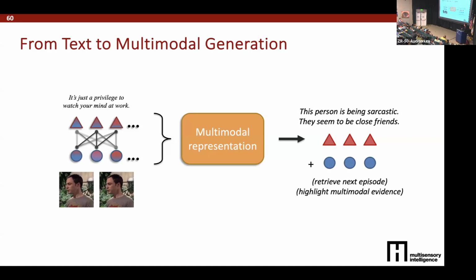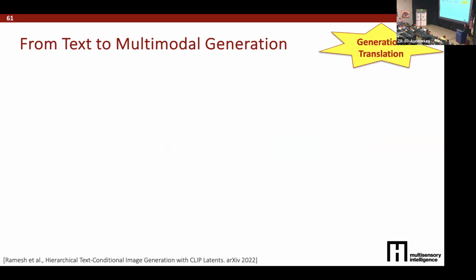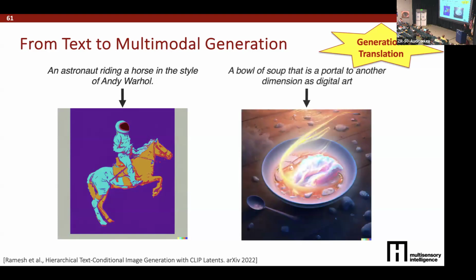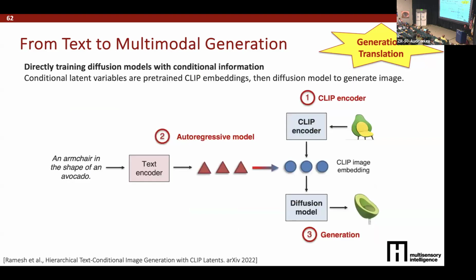So now you have real multimodal input, multimodal output. So this is essentially a translation problem. How do you take a text or semantically represented in text and generate images? And of course, we've seen lots of cool progress in essentially training these text-to-image diffusion models based on this principle of text-to-image generation. So how do these work?